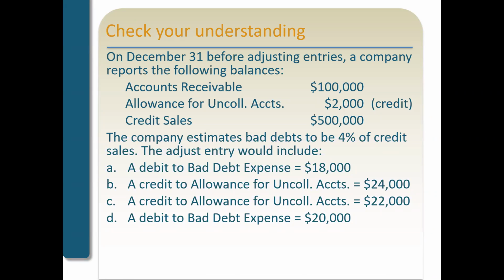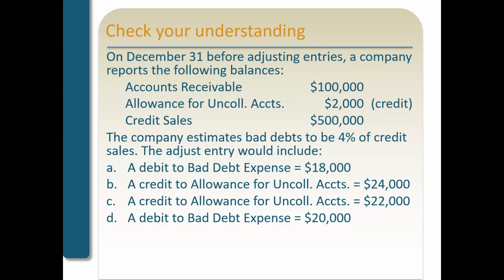On December 31st, before adjusting entries, a company reports the following balances. Accounts receivable, $100,000. Allowance for uncollectible accounts, a $2,000 credit, and credit sales of $500,000. The company estimates bad debts to be 4% of credit sales.